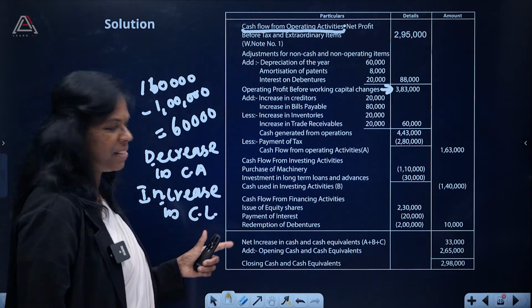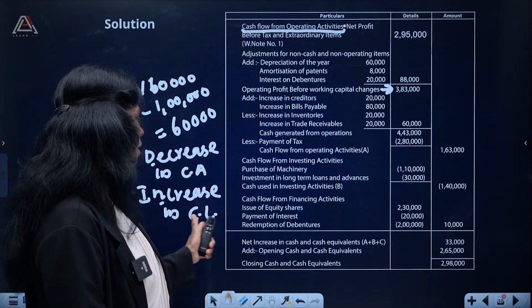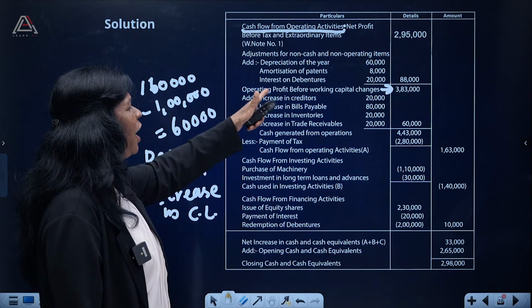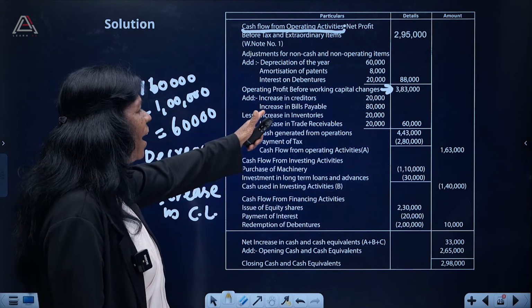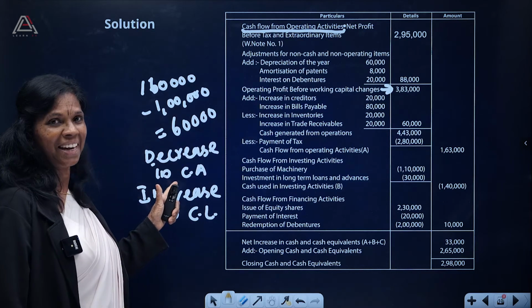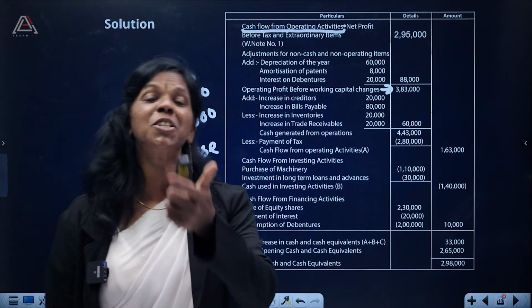We have a space limit, that is why I wrote CA. CA means current asset, CL means current liability. Then along with this operating profit before working capital changes, we have to add decrease in current asset and increase in current liability.